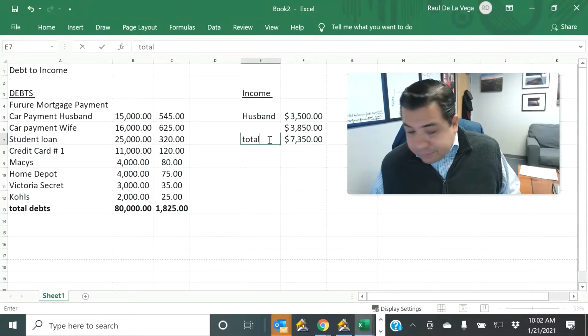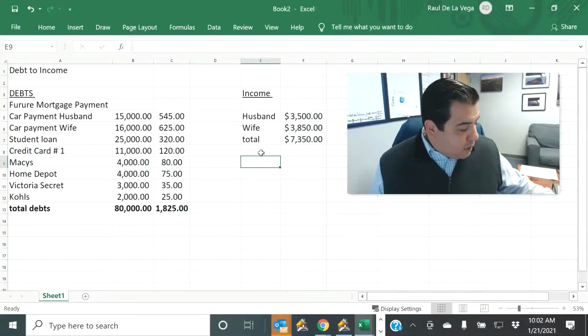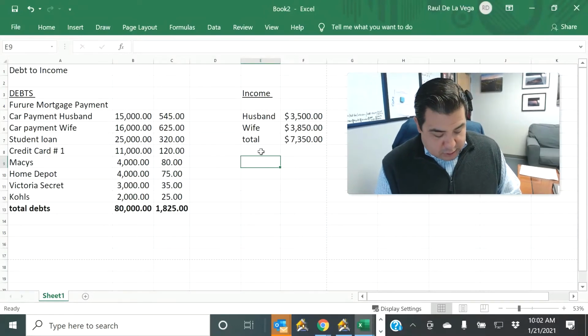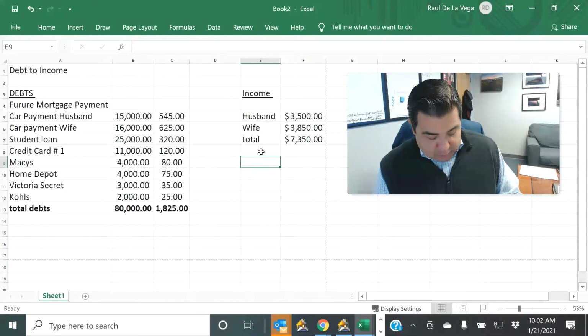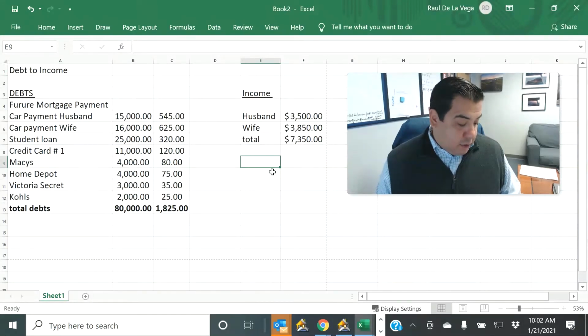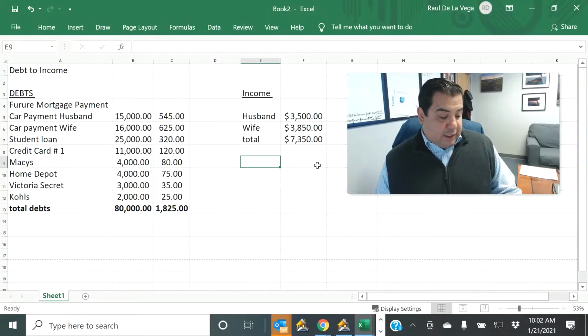Okay, so let's say they want to qualify for a mortgage on a VA loan, and the mortgage is on a $600,000 property at 2.25% with no mortgage insurance. The payment is $2,900 with no money down on a $600,000 property on a VA loan.